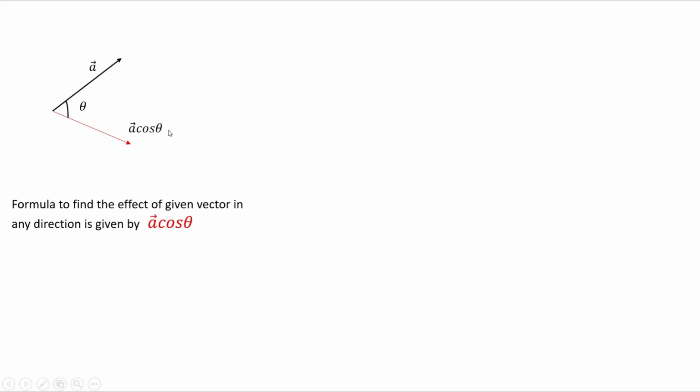Now let's verify this formula with the perpendicular components. Say here, let A be the vector, and this is the horizontal component and this is the vertical one. Let theta be the angle made by vector A with the horizontal component.